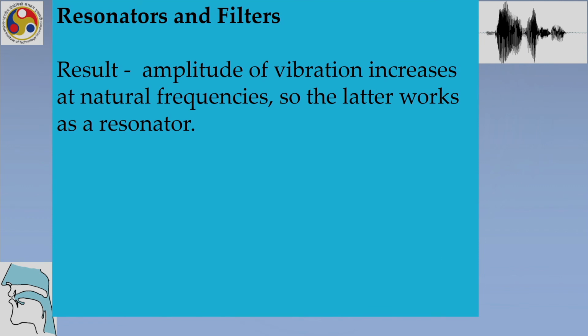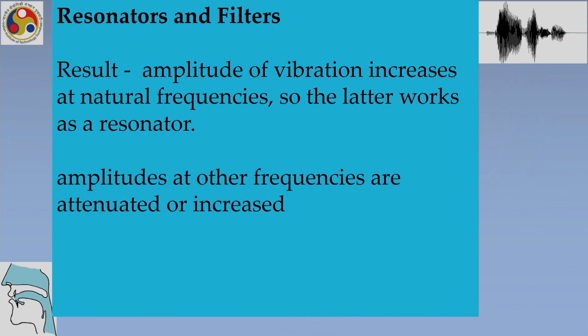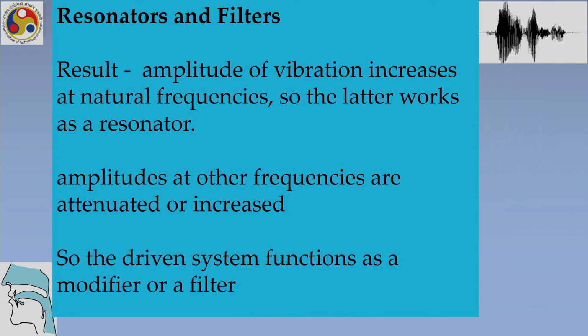As a result of this resonating property, amplitude of vibration increases at natural frequencies. So the latter works as a resonator, and depending on the resonating frequencies of the resonator, the amplitudes at certain frequencies are attenuated, at certain frequencies they are increased.